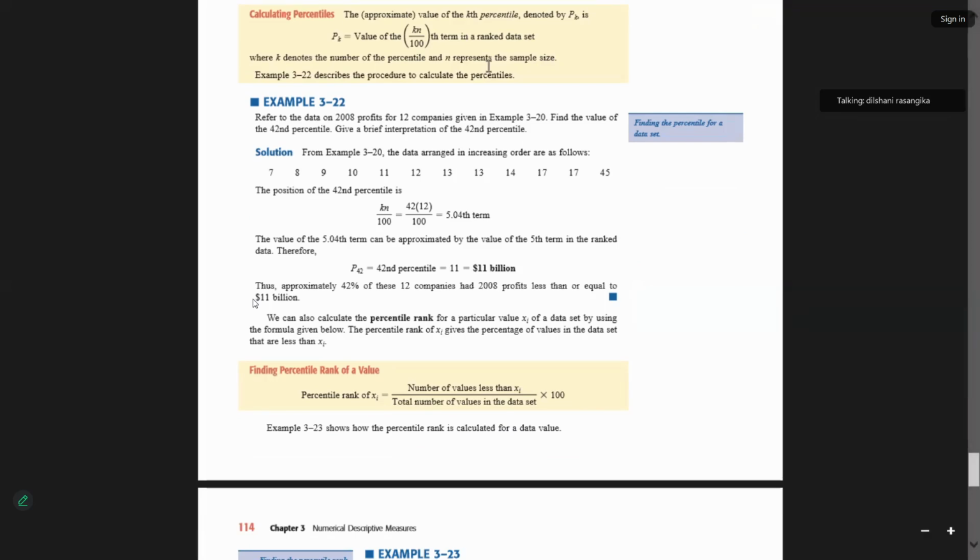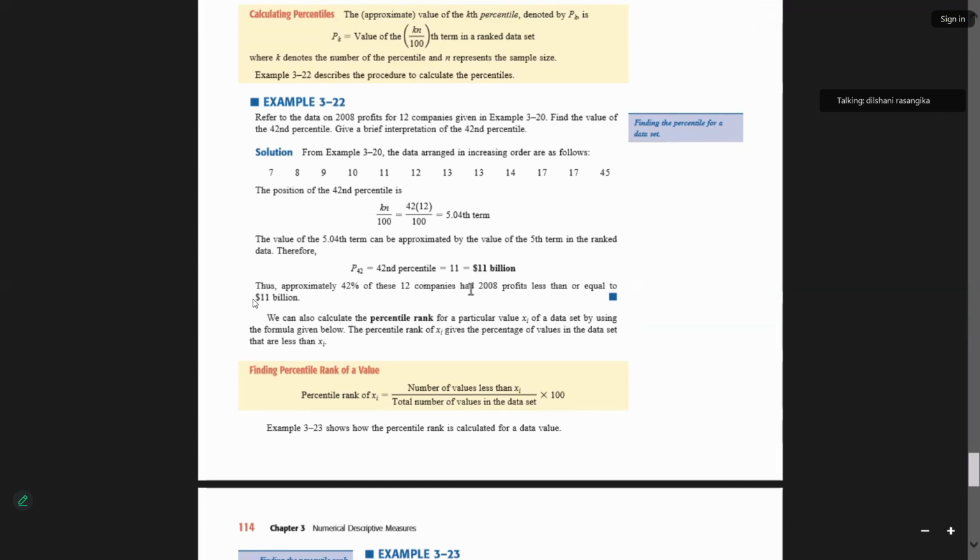Then by using that equation, you can also find the percentile rank. The percentile rank of any data xi equals the number of values less than xi, divided by the total number of values.